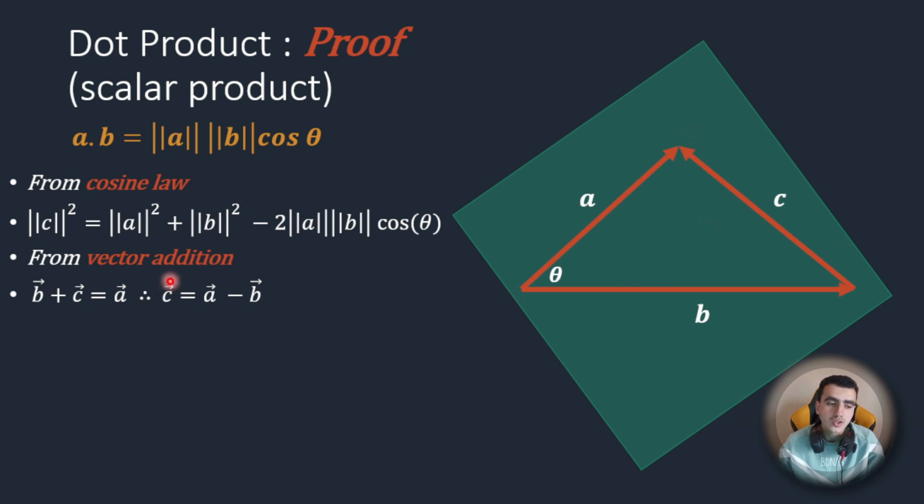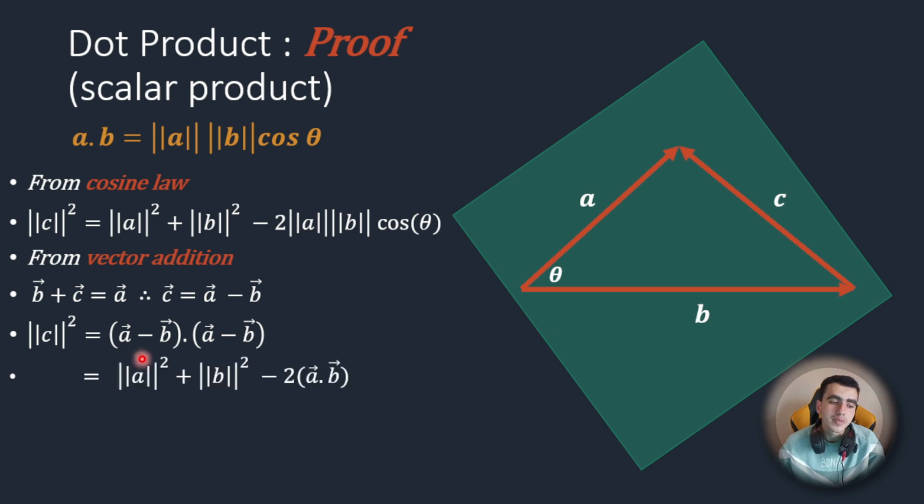Okay, so why do we need C here? To just replace this C squared by A minus B squared. And since this is C dot C, it will be A minus B dot A minus B. Therefore, if we do the mathematics, we'll be getting A squared plus B squared minus 2AB.